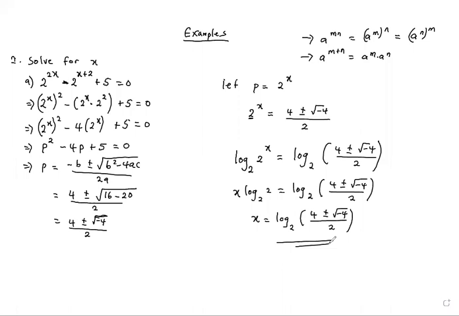So why is the base 2 there? Because we want to take away the 2 from the left so that x can remain alone. Where is the other log 2 coming from?